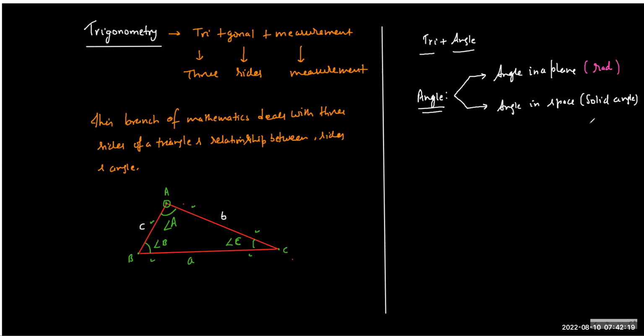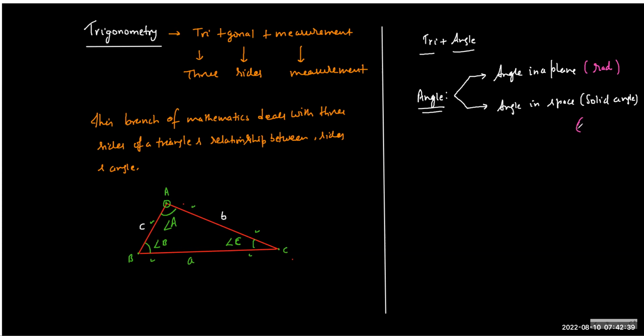And what is the unit of angle in space? What is the unit of solid angle? I hope you know, in class 9th or 10th you might have studied. Anyone? Degree. Pardon? Degree.